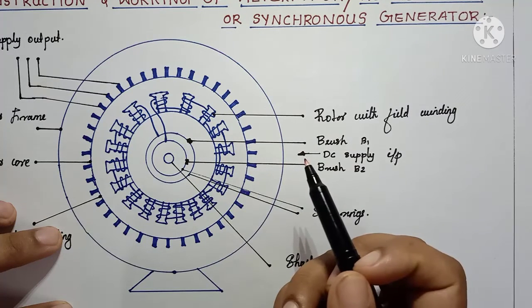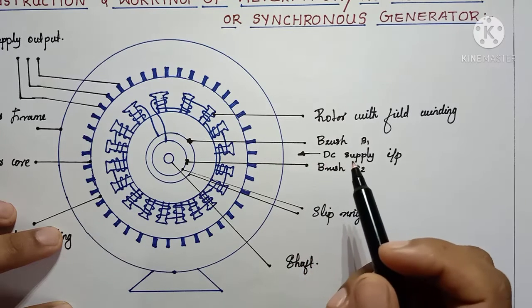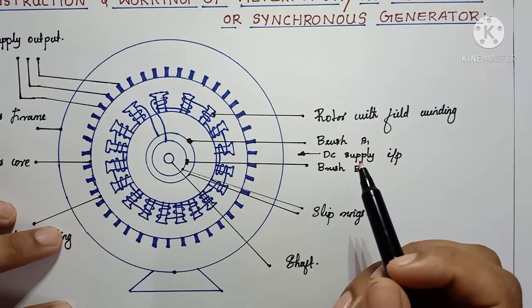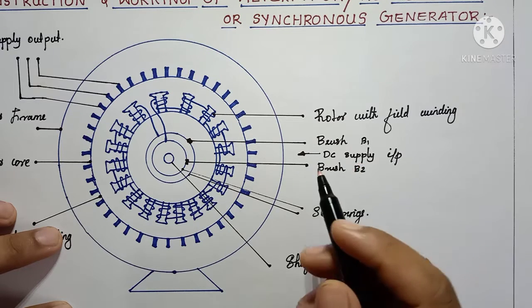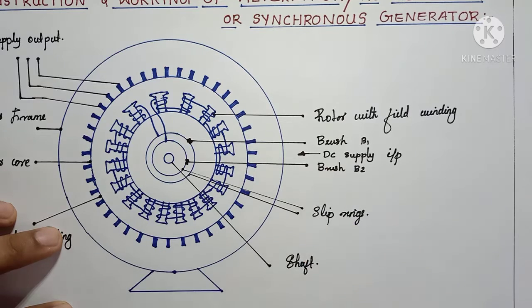Normally, the DC excitation can be given from another generator. Normally we use a DC shunt generator or flat or over compound generators, because from no load to full load, such generators can provide a constant voltage.